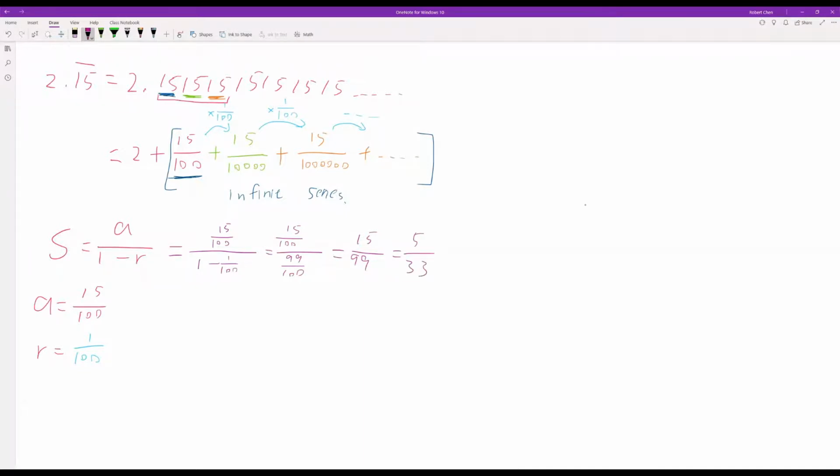All right, so what we have just shown here is that this whole sum in the bracket is equal to 5 over 33, right? So what we can do now is we know 2.15 repeating is just 2 plus 5 over 33, which would just be 66 plus 5 over 33. So that would be 71 over 33.